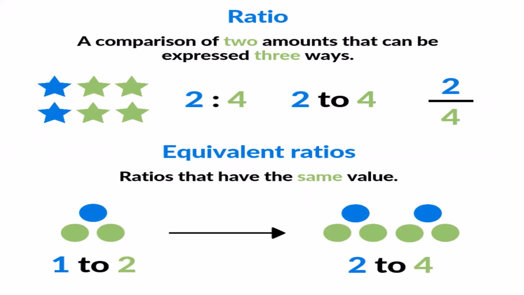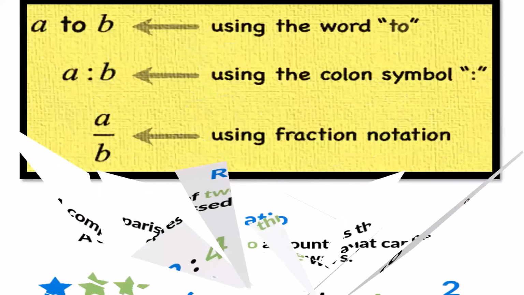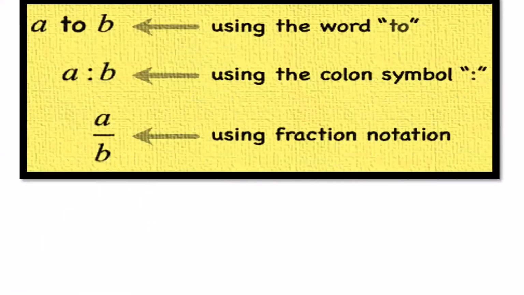When we simplify 2 to 4, we'll be left with 1 to 2. This is what makes them equivalent. Once again, ratios can be expressed in words. Ratios can be expressed using the colon symbol, and today we will represent a ratio using the fraction notation.